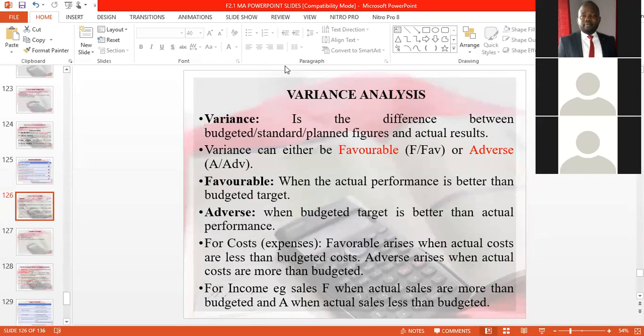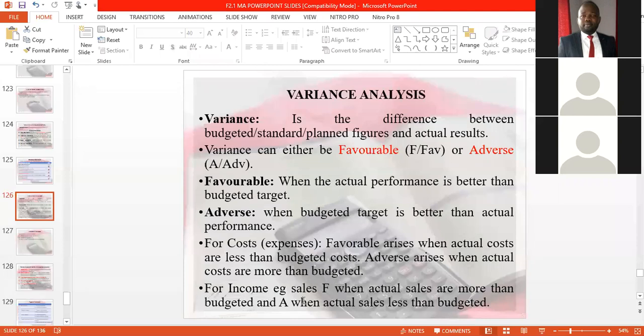On the other hand, when you find that the actual results are worse, not good compared to budgeted, it becomes adverse. For costs, or expenses, what you spend on, favorable arises when actual costs are less than budgeted costs, and costs are adverse when actual costs are more than budgeted costs.